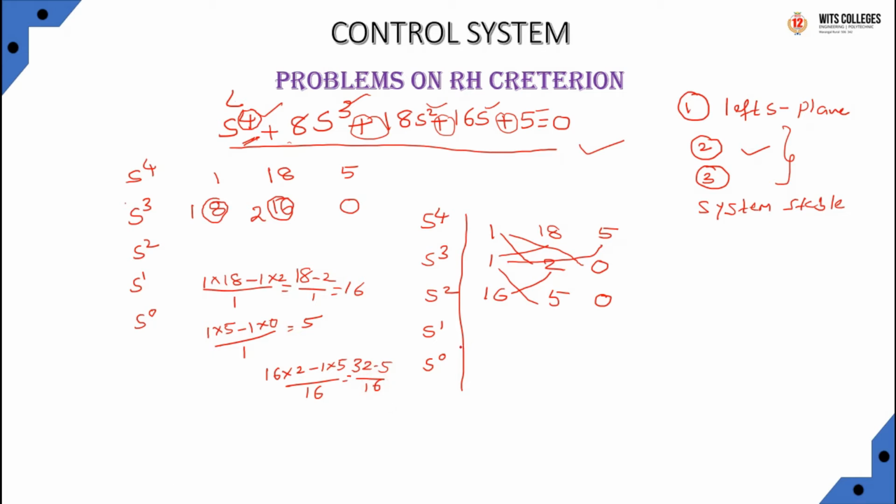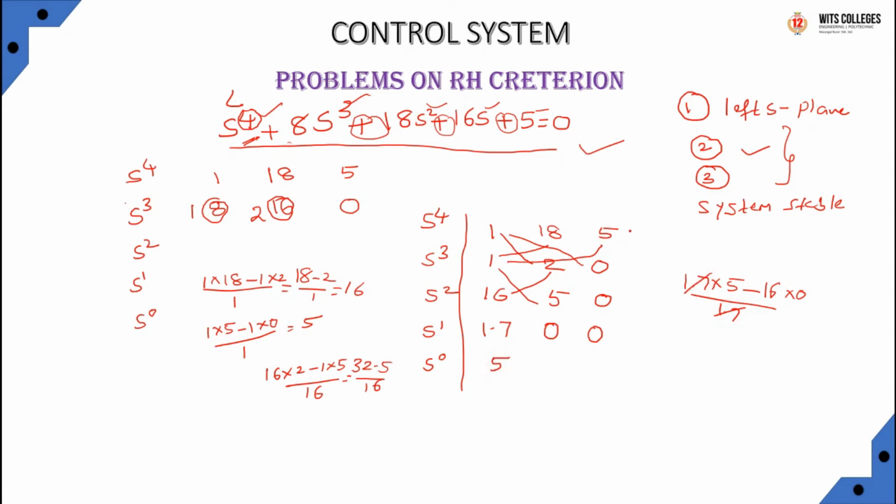By simplifying this, we get approximately 1.7. Again, 16 into 0 minus 1 into 0 by 16 is 0. This is also 0. Next, again multiplied with this one, 1.7 into 5 minus 16 into 0 by 1.7, the 1.7 cancels, and we get 5.